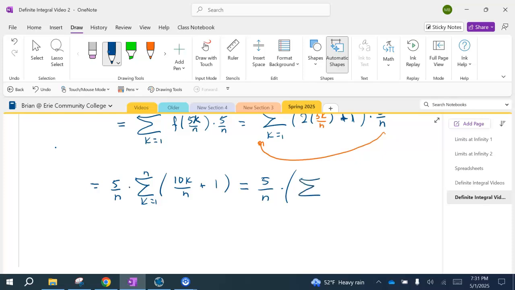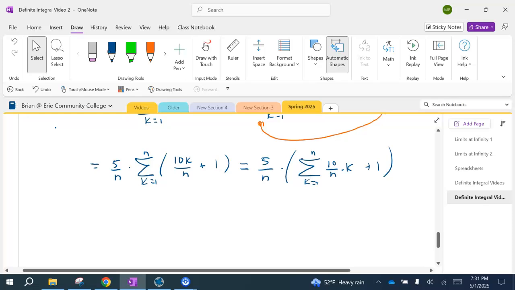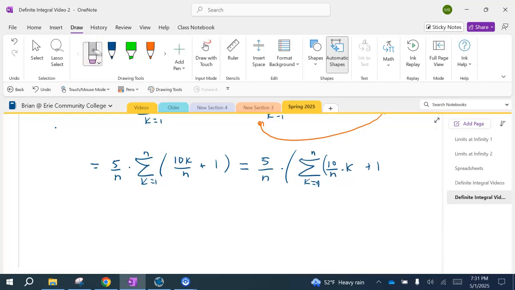Then we've got our summation inside of there, k equals 1 to n. I just want to rewrite this as 10 over n times k, and then it's still plus 1. And the idea behind that is we're going to split this now into two summations. Because this is really all being summed from k equals 1 to n. I messed that up a little bit. Let me just fix that.